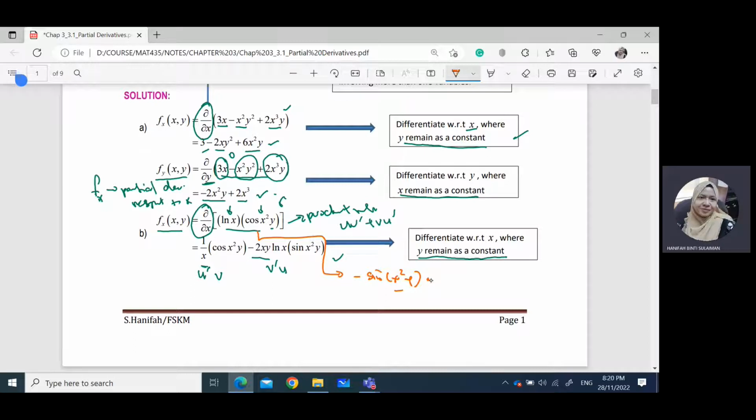Here we have 2xy. So that is why the answer here is 1 over x times cosine of x squared y minus 2xy times natural log of x times sine of x squared y. So this is the answer.